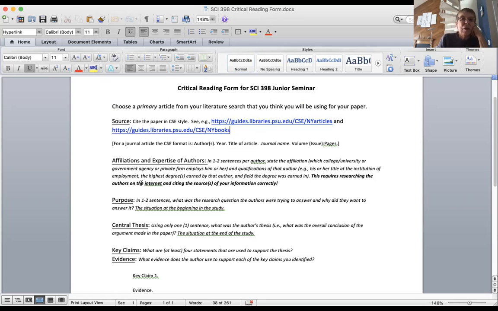Then it's asking you to evaluate what you think of the expertise of the authors. And so what it's asking you to do is go and find out more information about these particular authors. This requires researching the authors on the internet and citing the source of your information correctly.